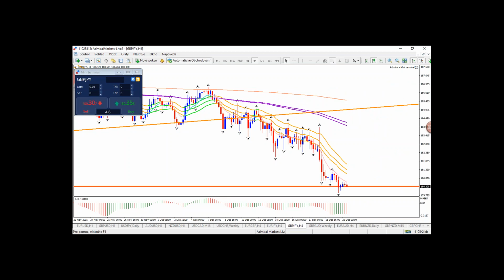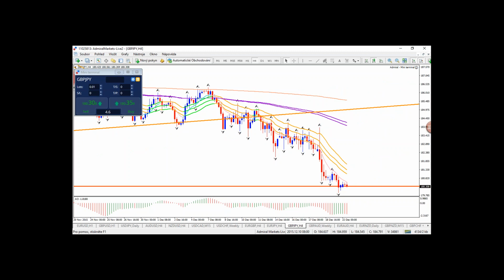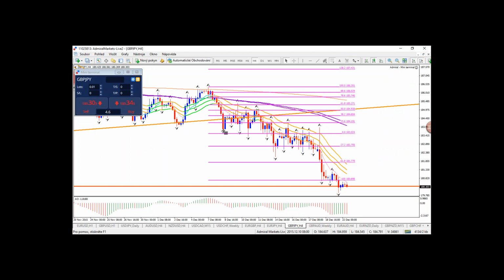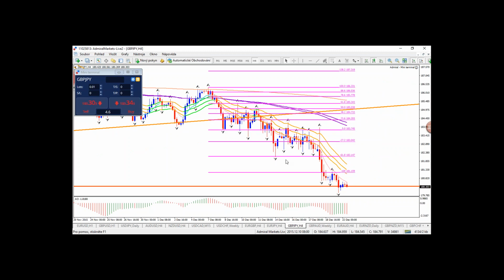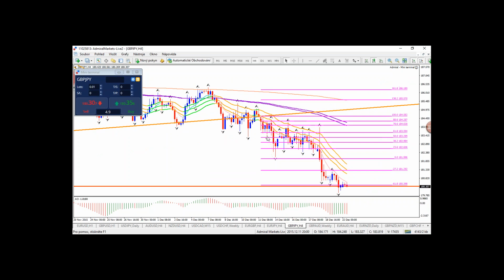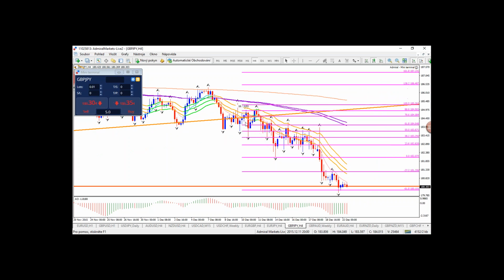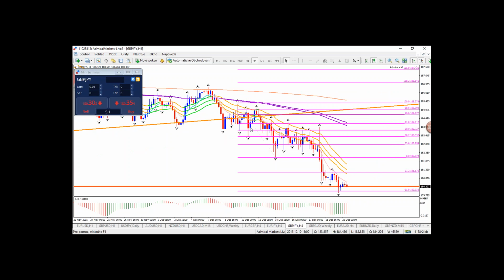Hang on. Start with this part. Target got hit here. We just hit the target again, in fact.